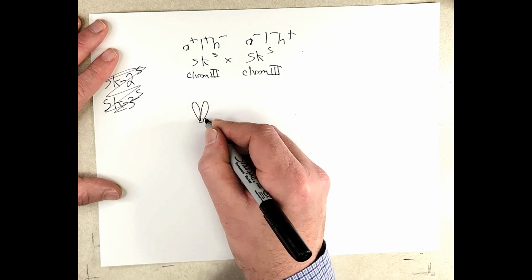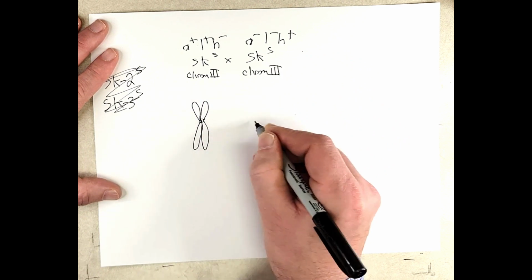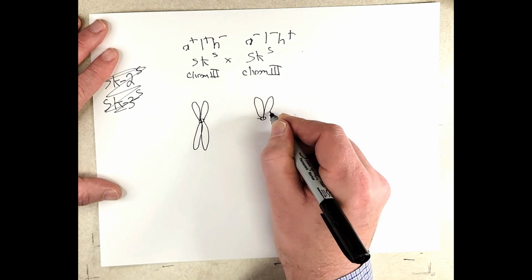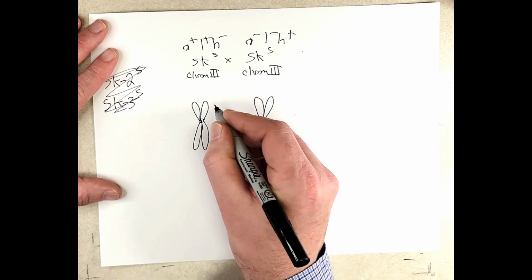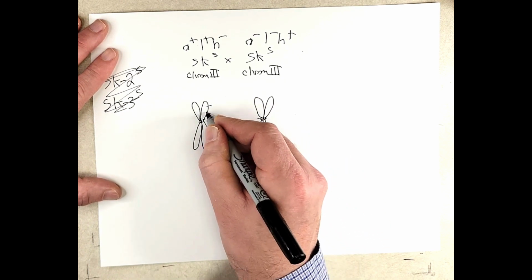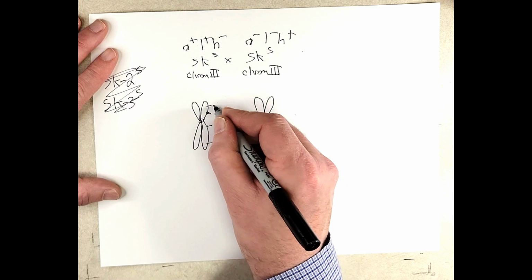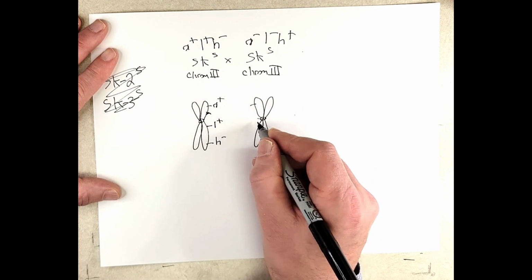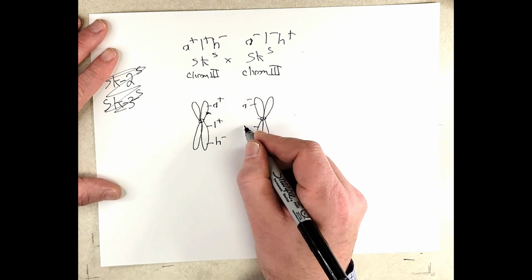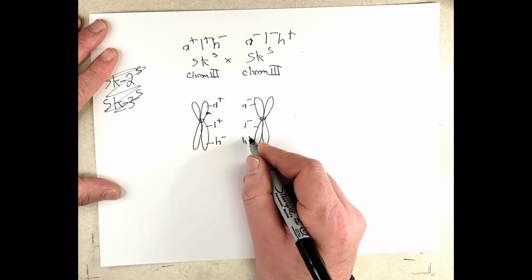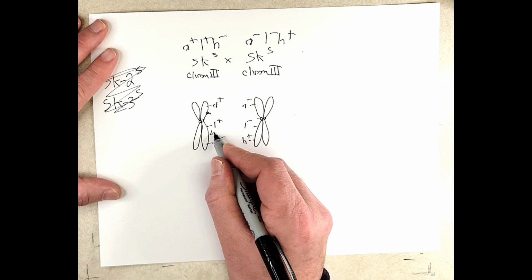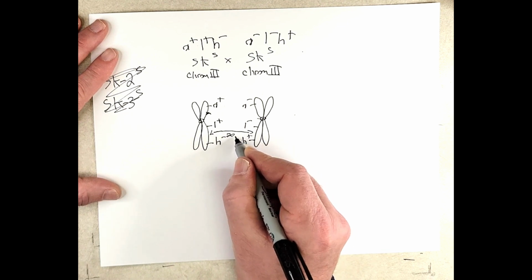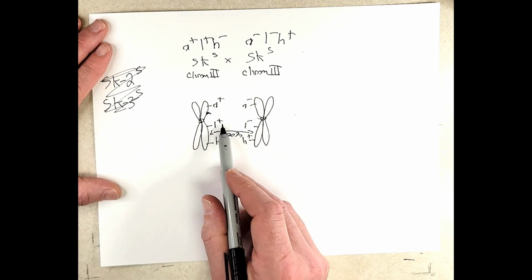I'll diagram the chromosome 3s, put them a little further apart this time. Oh, I put L down here, right? So A plus, L plus, H minus, A minus, L minus, H plus. And what they saw was that 20% crossing over occurred in the offspring.